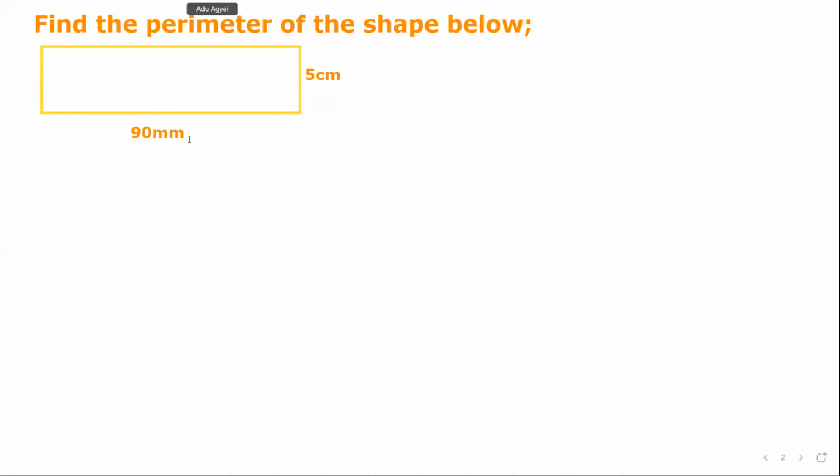So you can never add millimeters and centimeters together. You need to convert them to one unit. It's either you convert them to millimeters and calculate in millimeters, or you convert all into centimeters and calculate in centimeters. Okay, good. So let's write our solution and solve.